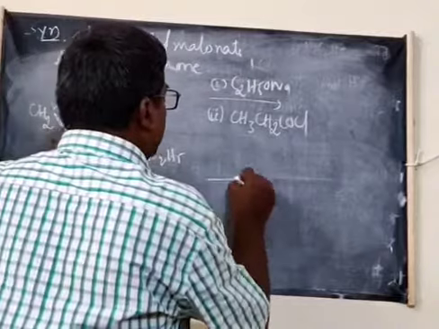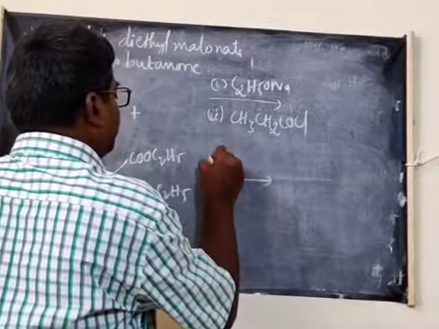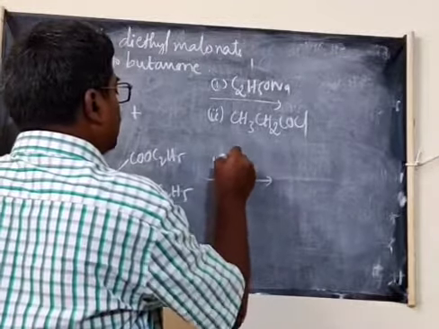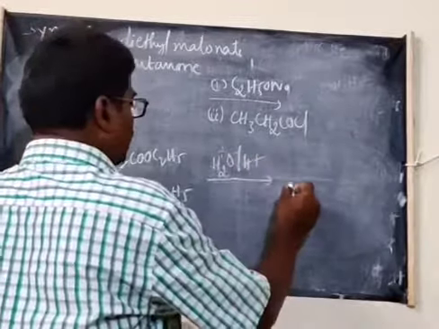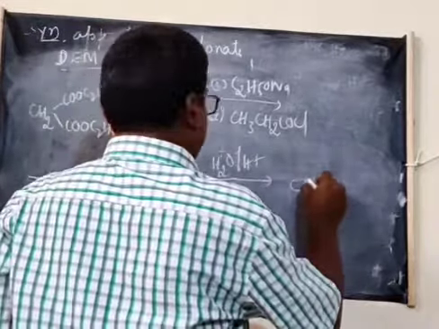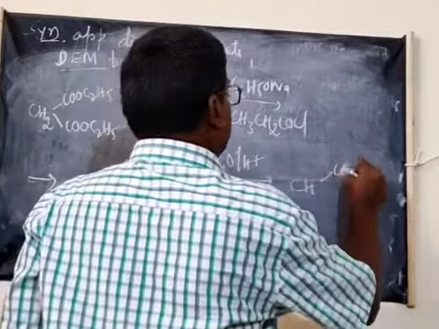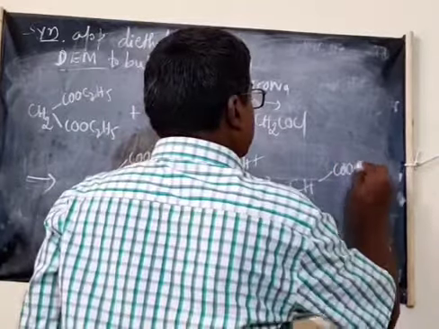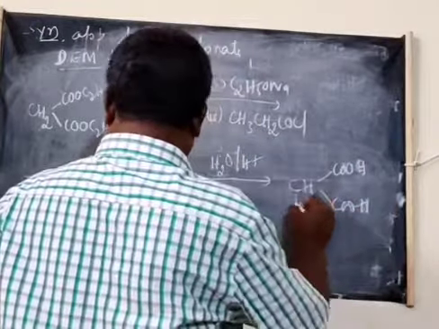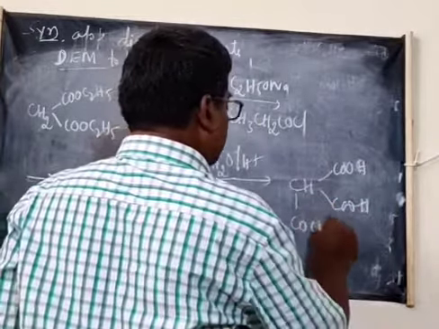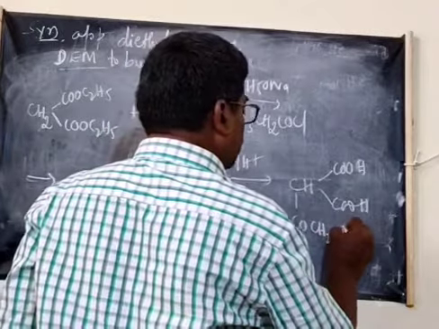This on acid hydrolysis, H2O, H plus, gives CH(COOH)2 with COCH2CH3.